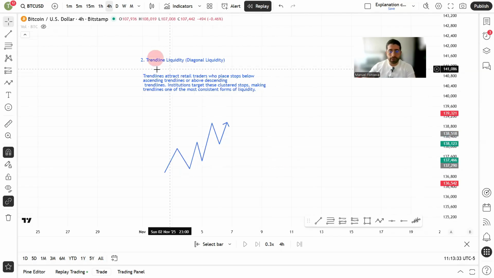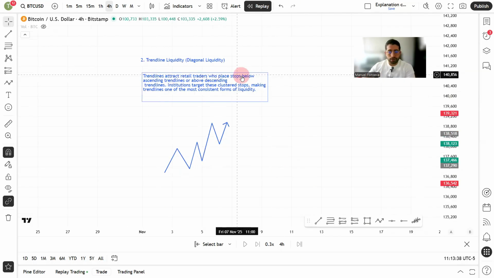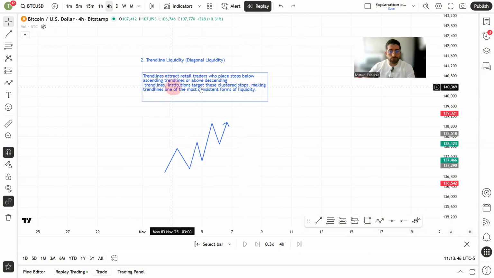But look, this is what it is. Trend lines attract retail traders who place stops below ascending trend lines or above descending trend lines. Institutions target these clustered stops, making trend lines one of the most consistent forms of liquidity.